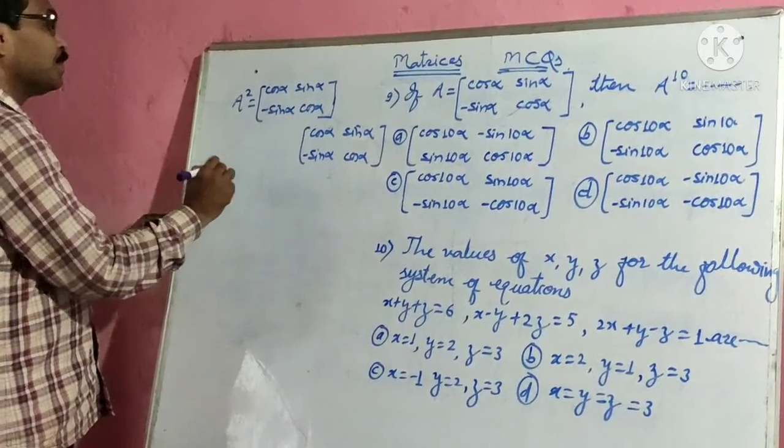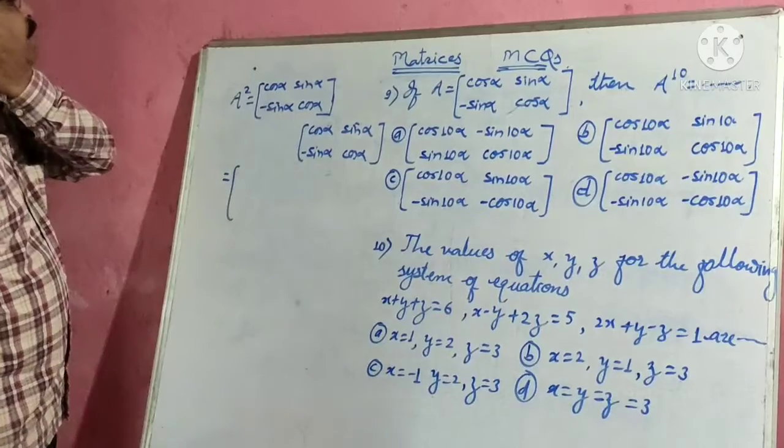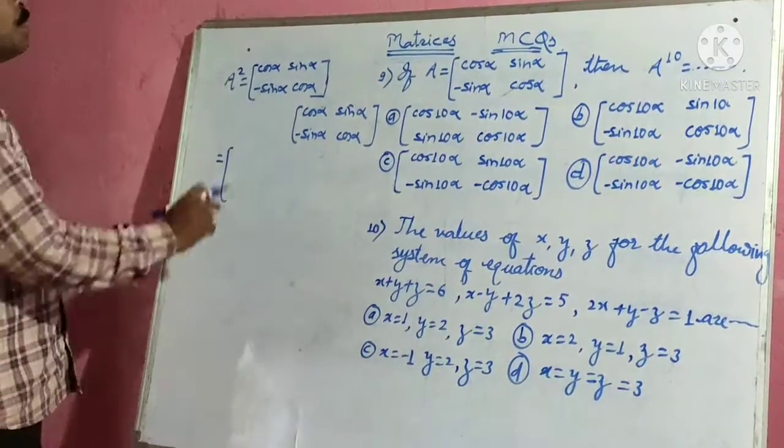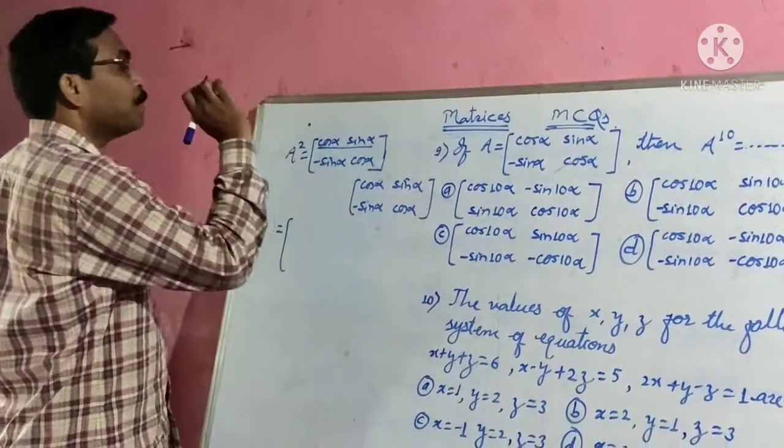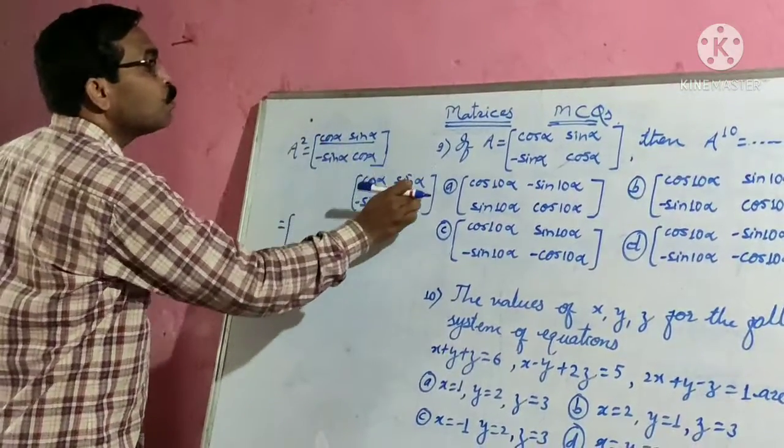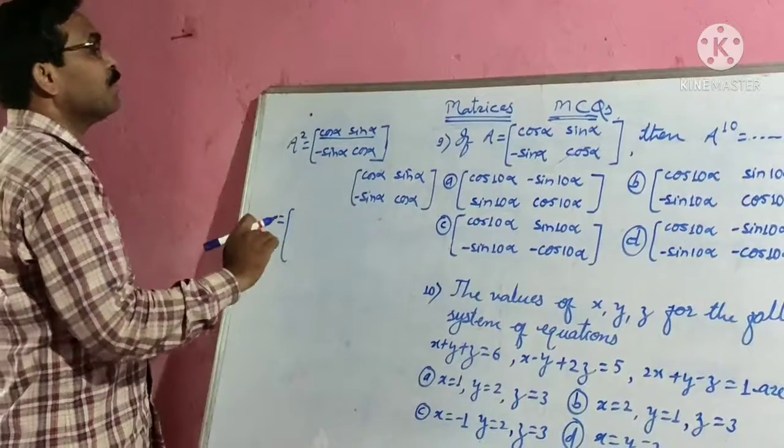Now this is first row into first column. After that, first row into second column. So let us see what will it be.